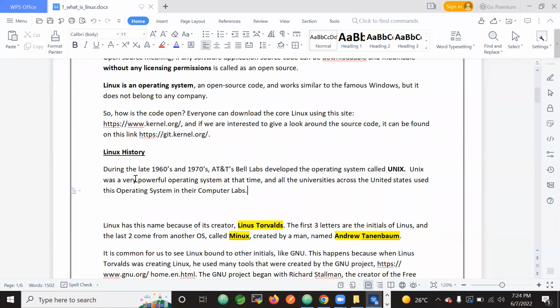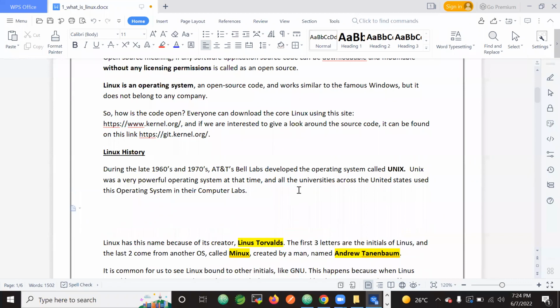So Unix was a very powerful operating system at that time, and all the universities across the United States used this operating system in their computer labs.